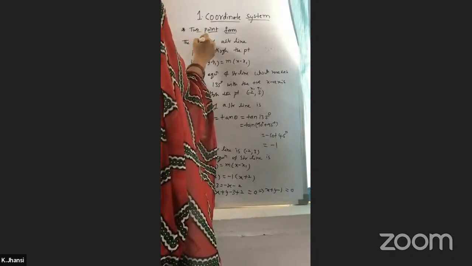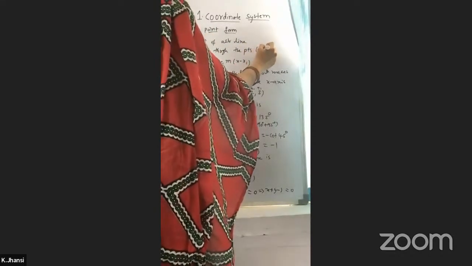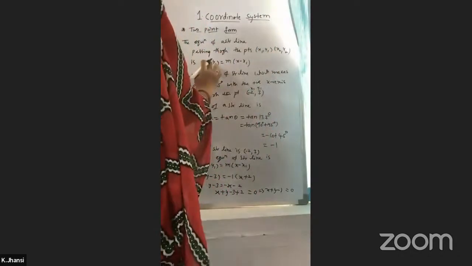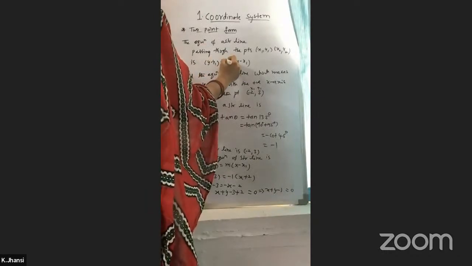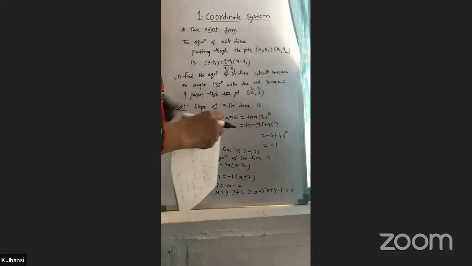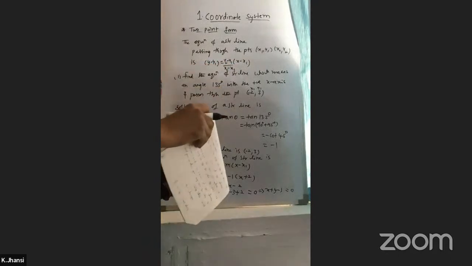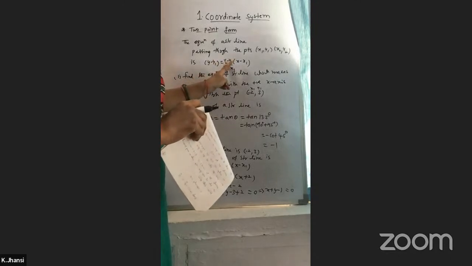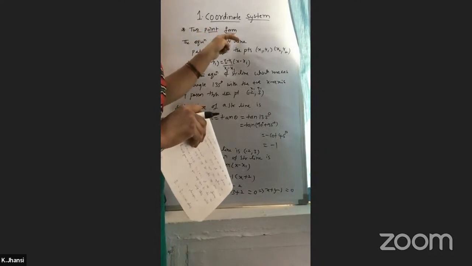So the equation of a straight line passing through the points x1, y1 and x2, y2 is y minus y1 equals, in place of m, you write y2 minus y1 by x2 minus x1. So this is the formula. Same as before, just in place of m you are writing y2 minus y1 by x2 minus x1. Already we know m is equal to this. When you write m in place of this, it will go to the 1-point form, the slope-point form.